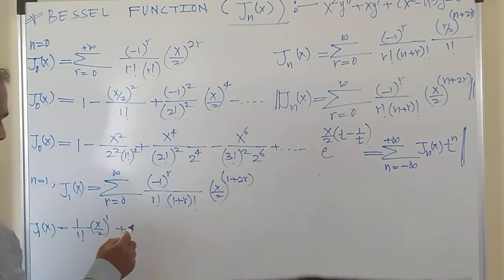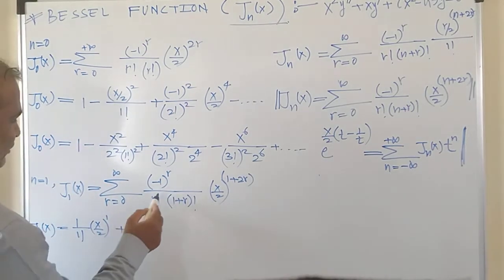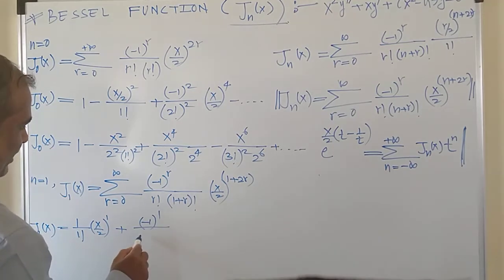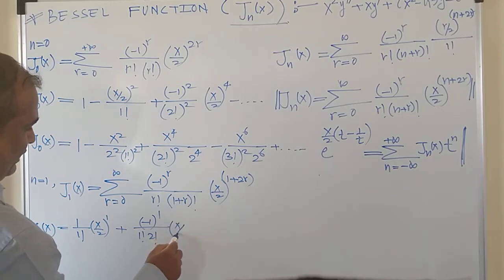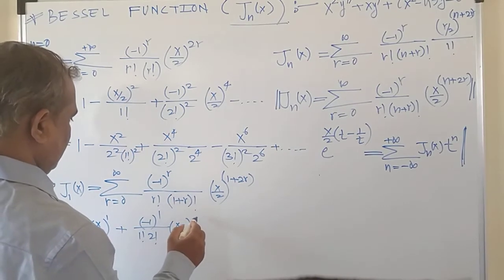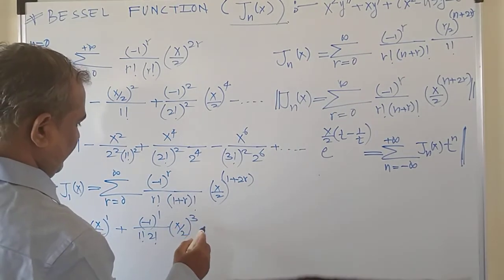Plus, if you put r equals 1, you will get minus 1 raised to 1 divided by 1 factorial into 2 factorial into x by 2 raised to power 3.